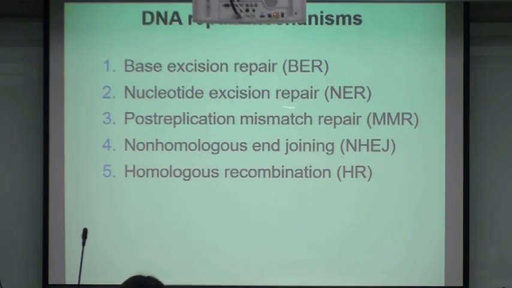For nucleotide excision repair, that is the mechanism that helps with abnormal structure of the DNA. The example I gave you was the thymine dimer from UV exposure, which makes an abnormal structure. It triggers the nucleotide excision repair to have endonuclease activity cleave upstream and downstream of that position, with helicase to remove it, polymerase to add a new base, and ligase to finish that off.